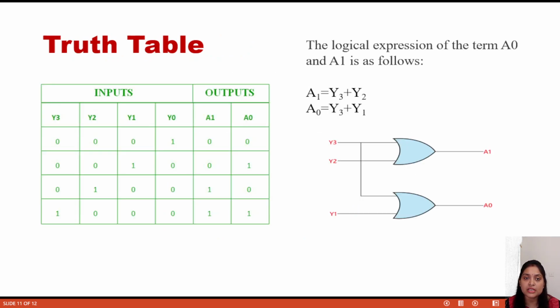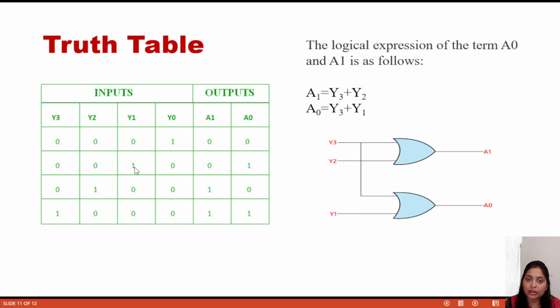Next we will start the truth table. Okay, these are the inputs, that means y0, y1, y2, y3. These are the 4 inputs and these are the 2 outputs a1 and a0. Based on the combinations of input, it will select the output. When y0 input information goes to the output, then the output shows 0 0.